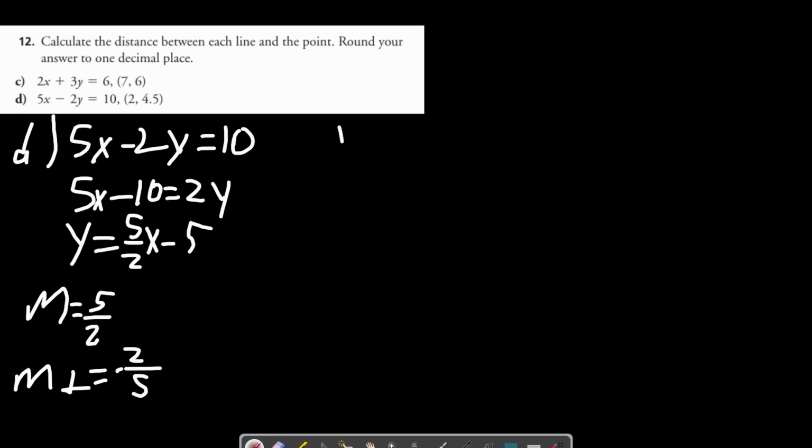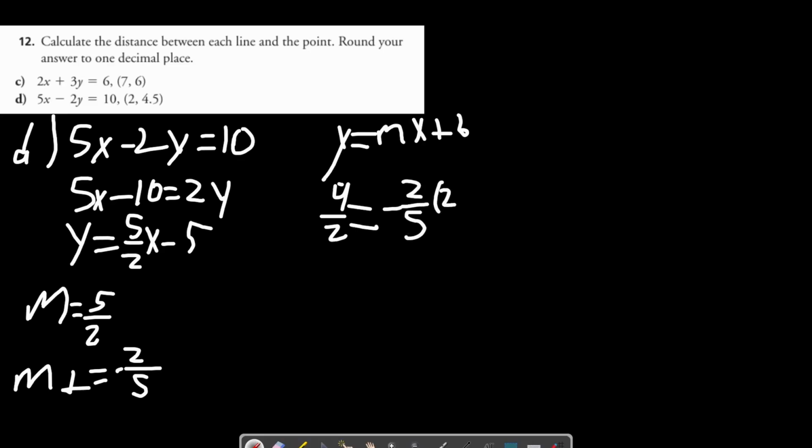Plug this into y equals mx plus b. Our y here is 4.5, I'll write that as 9 halves, and that is equal to negative 2/5 times x, which is 2, plus b. We now have 9 halves equal to negative 4/5 plus b.